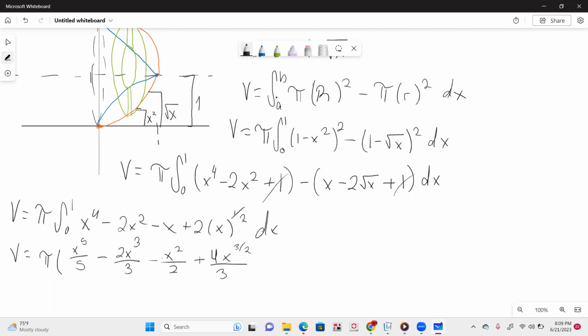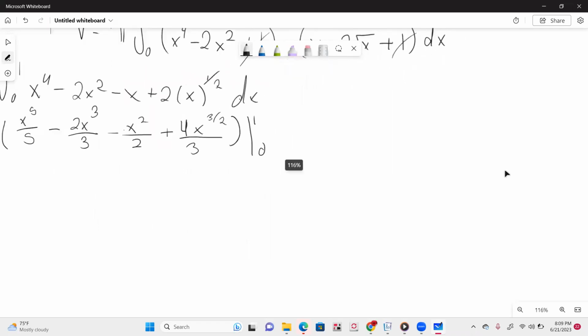And then, okay. That is our integral, right? And remember that this is a definite integral, and we're doing it from 0 to 1.